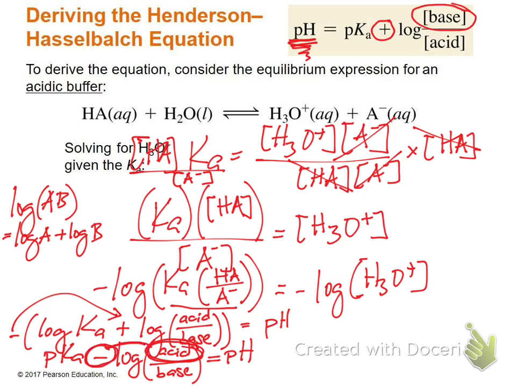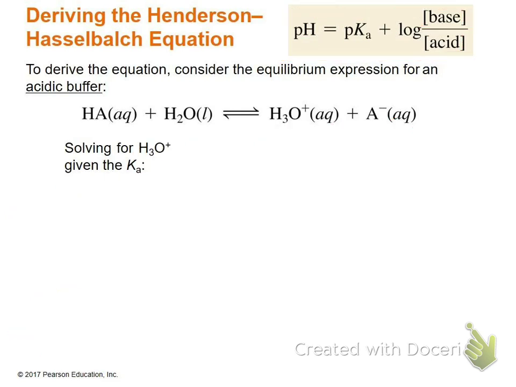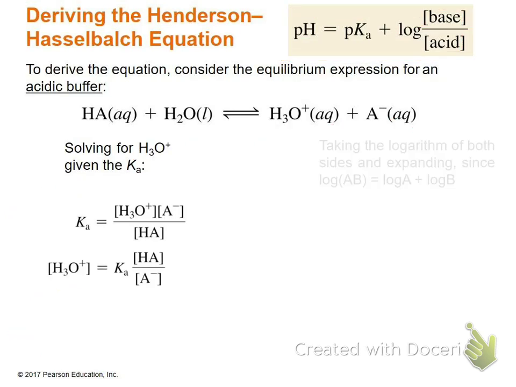Okay, so in the formula sheet, if you're going to use a formula sheet, this is what's given. All right, so the pH equals pKa plus the log of base divided by the acid. So it's probably better if you remember this, but if you don't, that's fine. It's going to be given in the formula sheet. So here's a cleaner version.